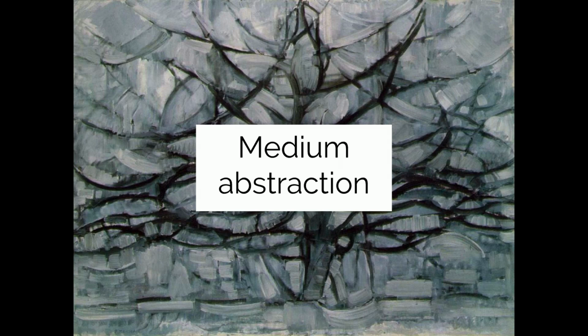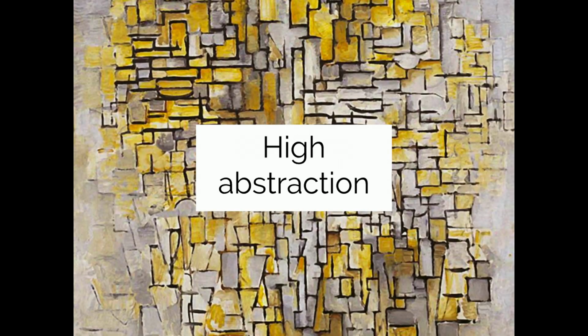If you move to more abstraction, the structure still suggests a tree, but it's less clear. It's getting farther away from the physical reality. On a high abstraction painting, there is a lot of structure, but the physical nature of the tree disappeared. And these three paintings belong to the same author, and the theme is the same. The theme is a tree.